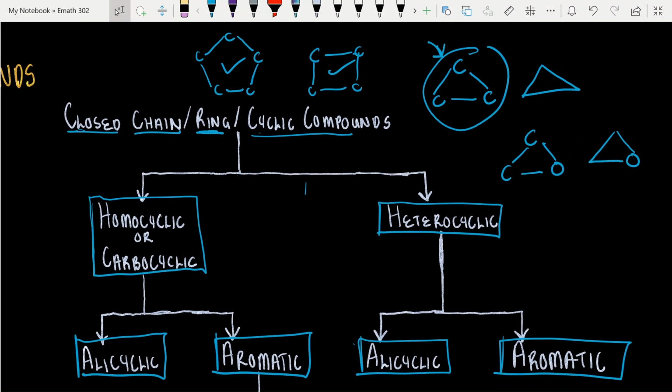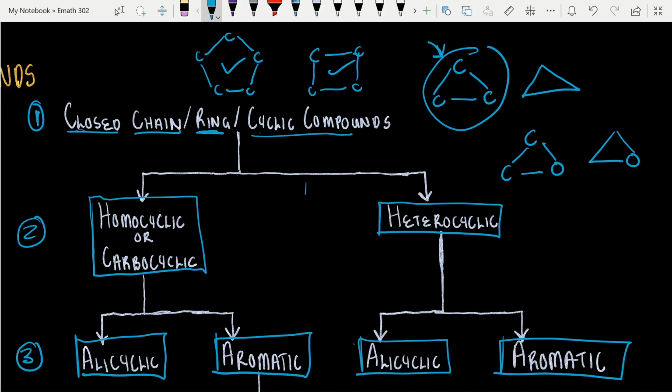So from closed chain, it's only 3 steps. We have closed chain. In step 2, this closed chain is broken into homocyclic and heterocyclic. In stage 3, homocyclic is broken down into alicyclic versus aromatic. In stage 3 again, heterocyclic is also broken down into alicyclic and aromatic.